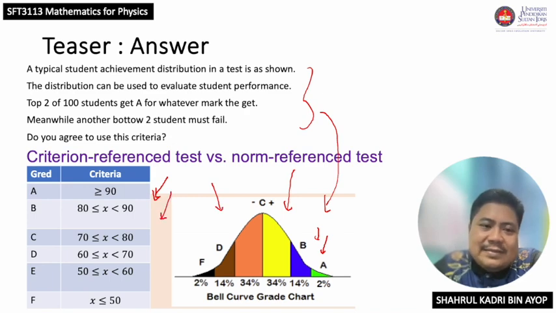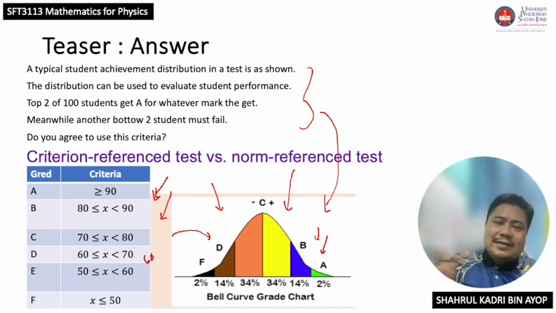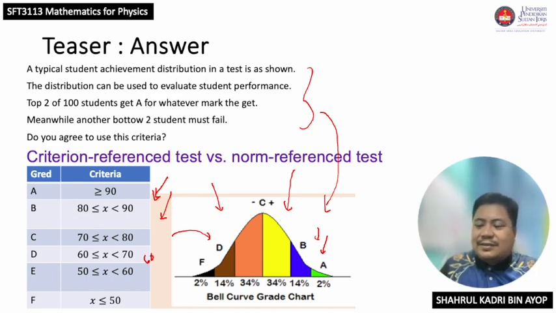For example, in some subjects that are really difficult, the top student maybe gets 60, so no one gets an A. But if we use the distribution reference, we can have someone get an A even though the mark is not so high. So it has advantages and disadvantages, depending on the administration of the examination.